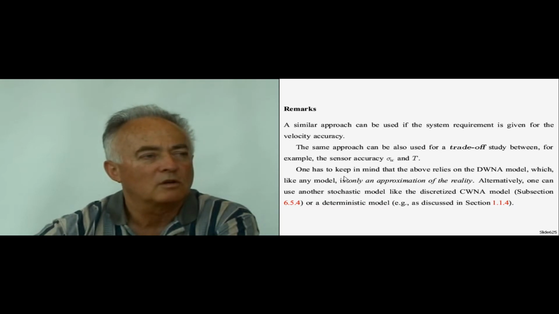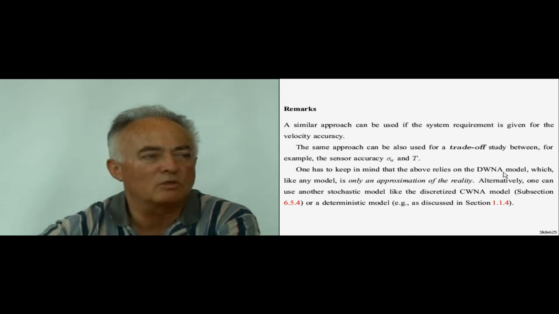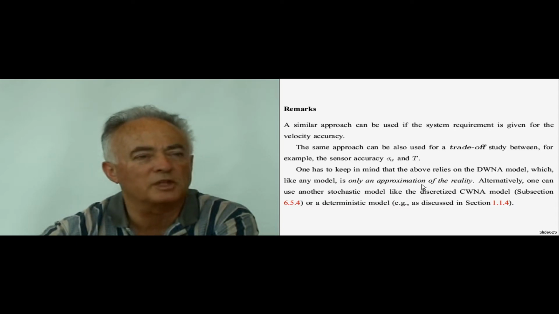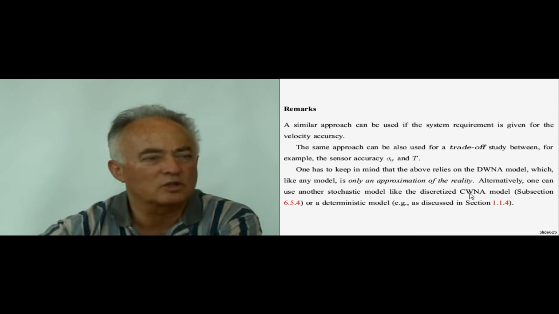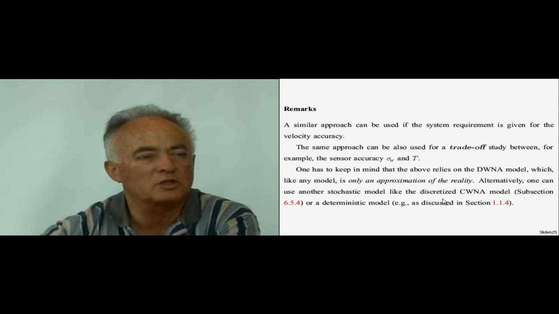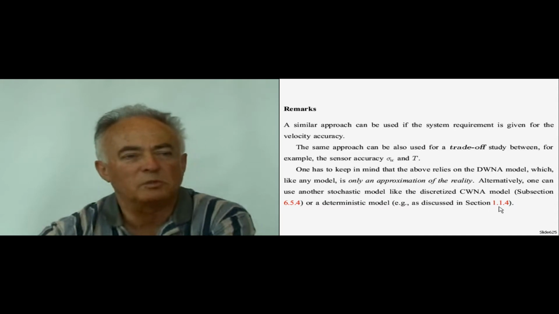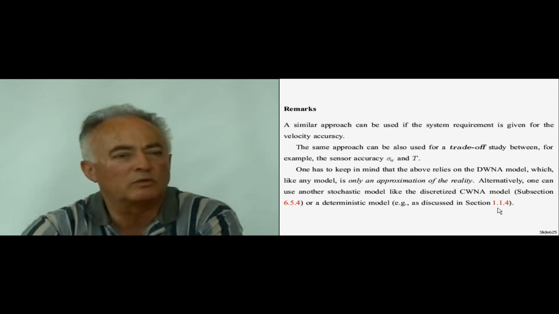Now, all this said, you have to keep in mind that the above relies on the discrete time white noise acceleration model, which, like any model, is only an approximation of reality. Alternatively, we could use a discretized continuous time white noise acceleration model or a deterministic model, as has been shown in the very beginning in section 1.1.4.